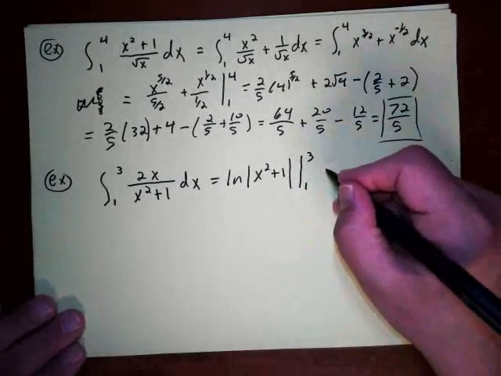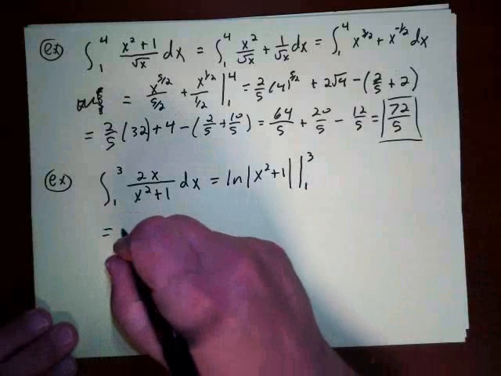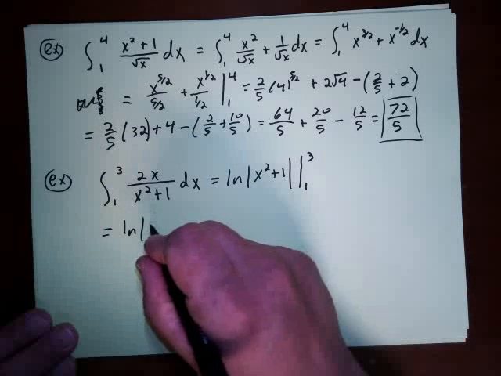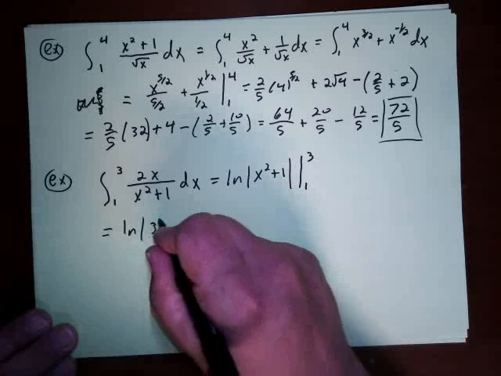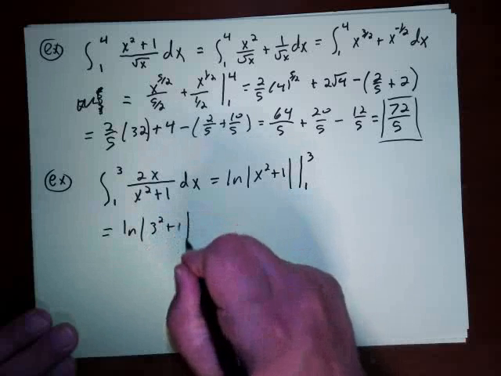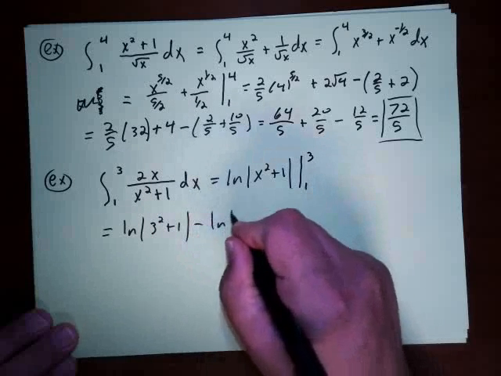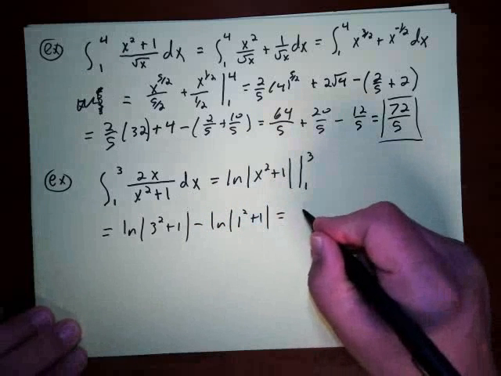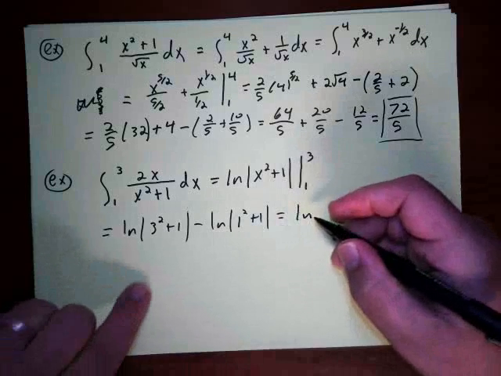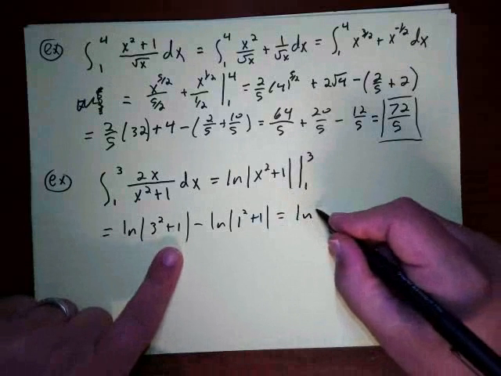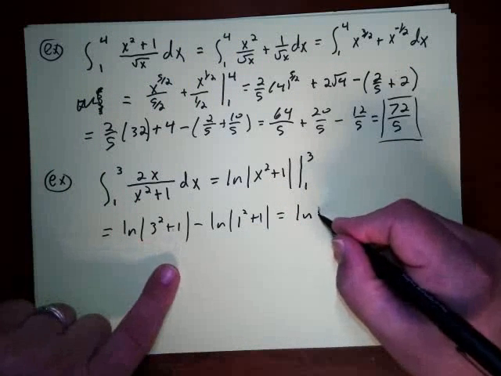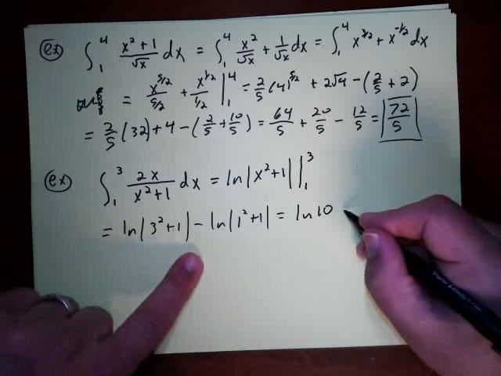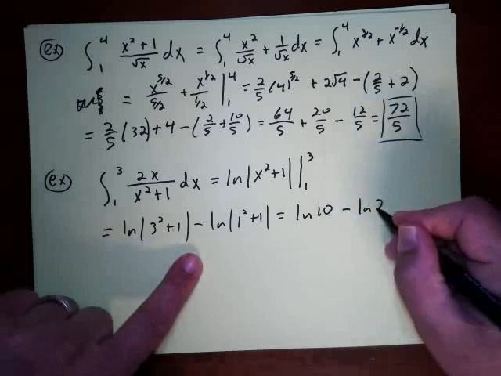And so this would equal the natural log of 3 squared plus 1 minus the natural log of 1 squared plus 1. And so this would be the natural log of 9 plus 1, which is 10, and you could just say 10, because the absolute value of 10 is 10, minus the natural log of 2.